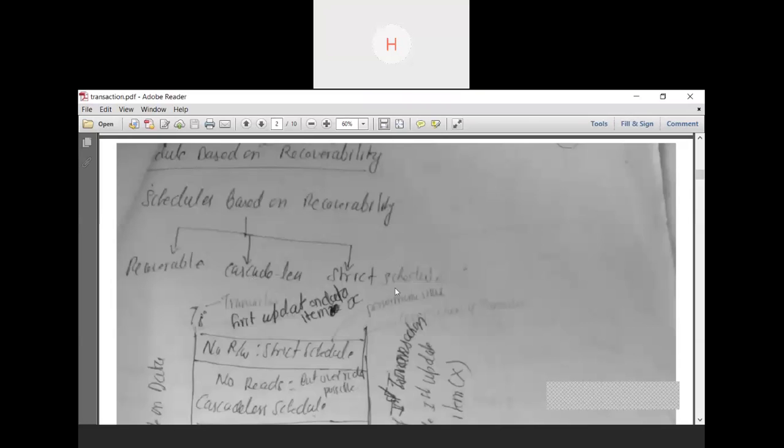A strict schedule is one in which, after the first update on a certain data item, there is no read or write operation on it before the completion of that particular transaction.